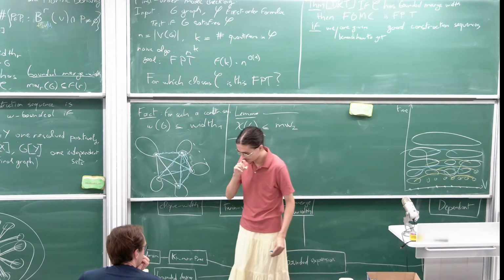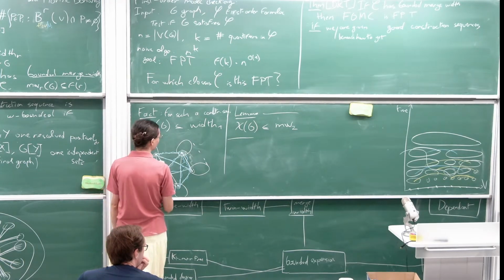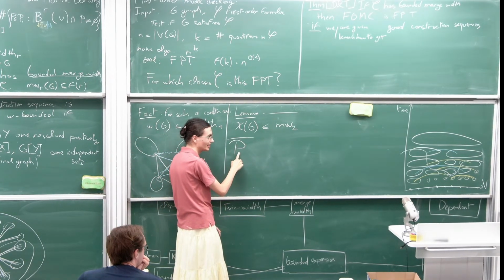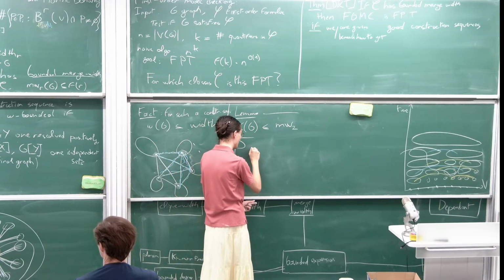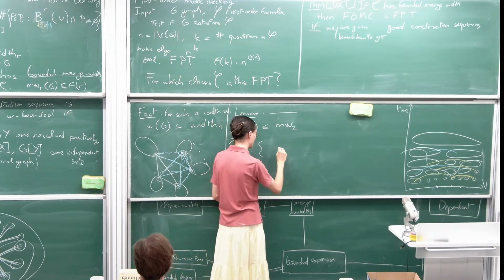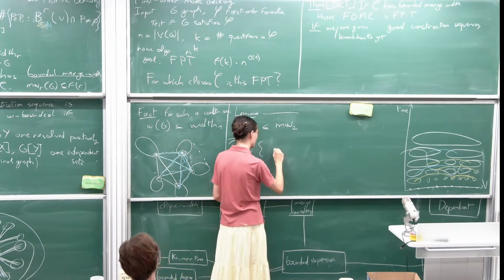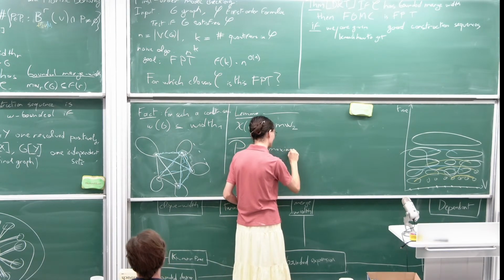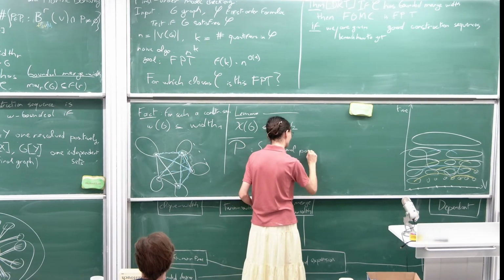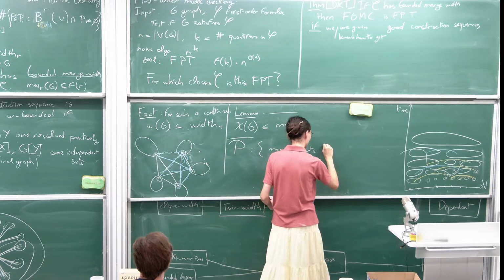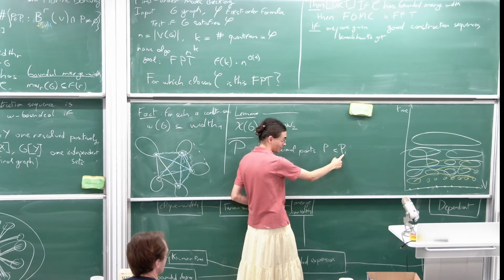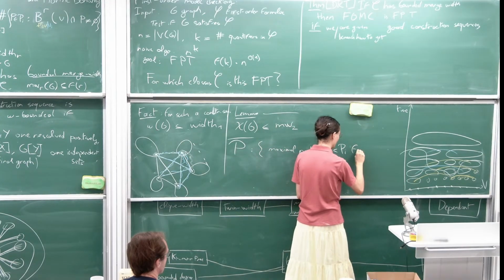And the condition you need, so I'm defining a new partition P by using this construction sequence. And it will consist of maximal parts at some point in the construction sequence, at any point.